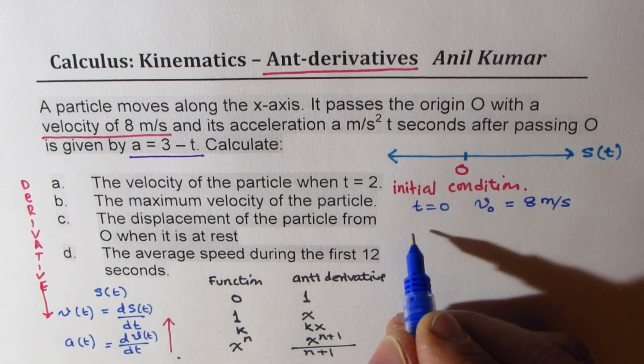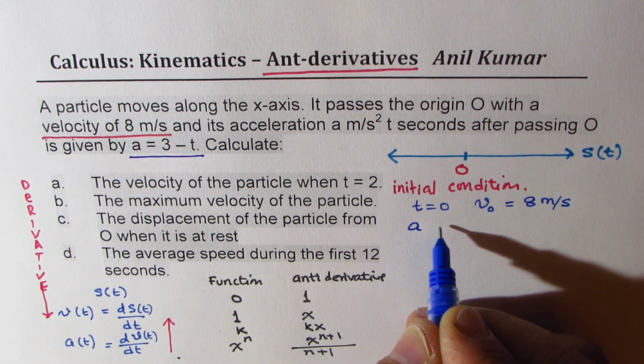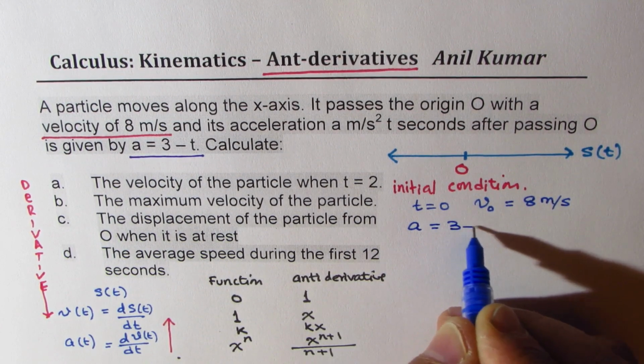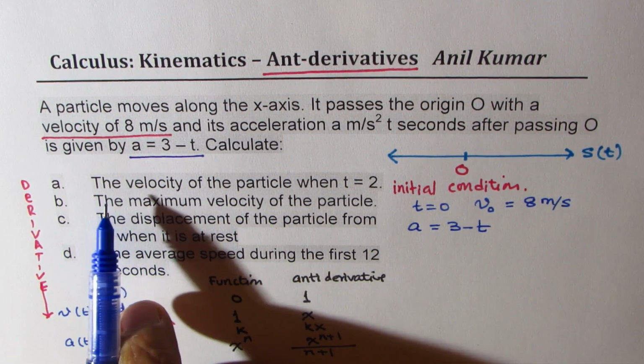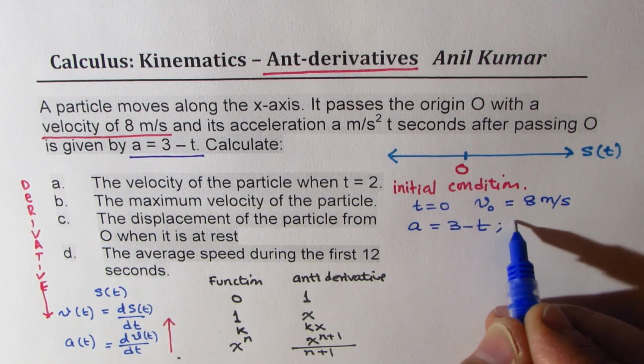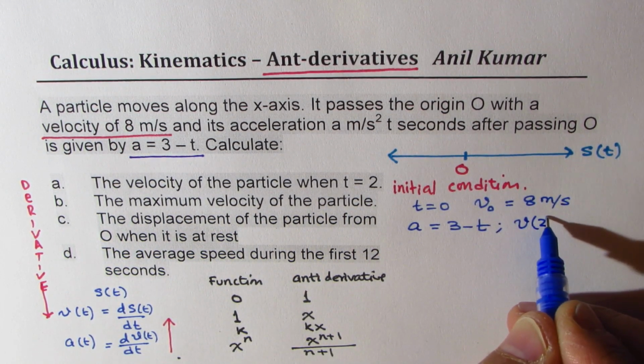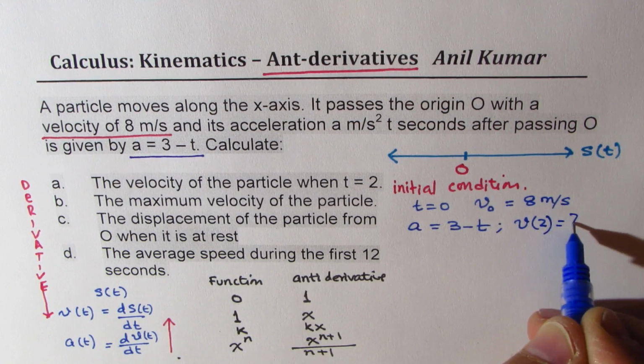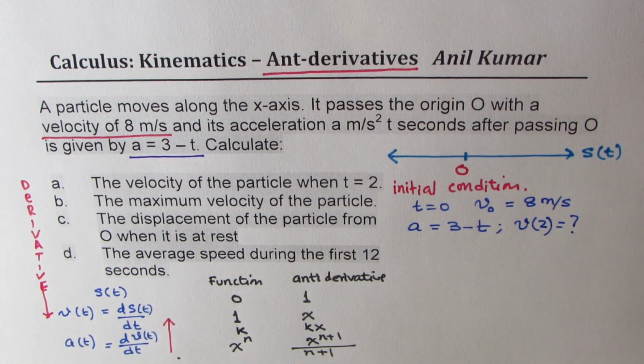So we are given that acceleration a is equal to 3 minus t. Now, we need to find the velocity of the particle when t equals 2. This is what we have to find. So that is the question for us. Perfect. So what we do here is we do the reverse operation.